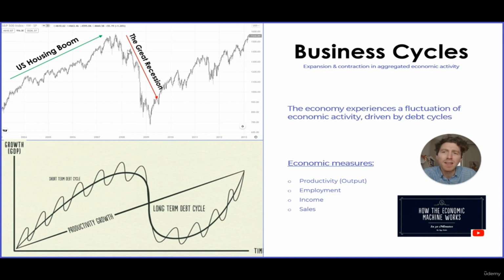But then in September 2008, when Lehman Brothers went bust and the whole financial system was on the brink of collapse, this was the beginning of the Great Recession.